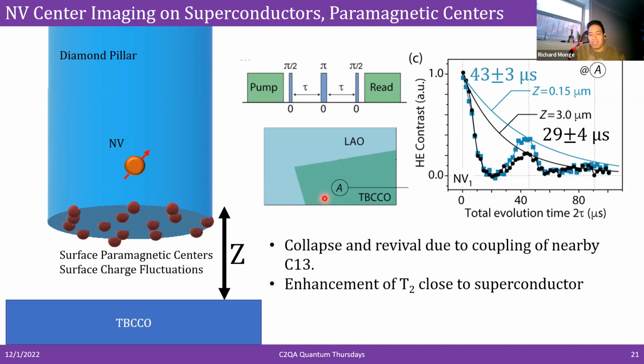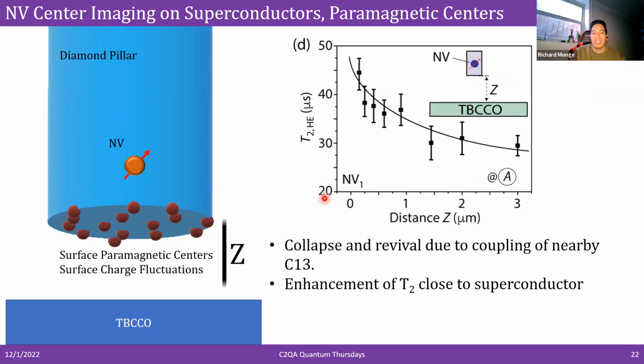So the superconductor is doing something. Taking this a step further, plotting this as a function of position, we clearly see a trend in here. So the superconductor is somehow mitigating that surface noise from that NV center.